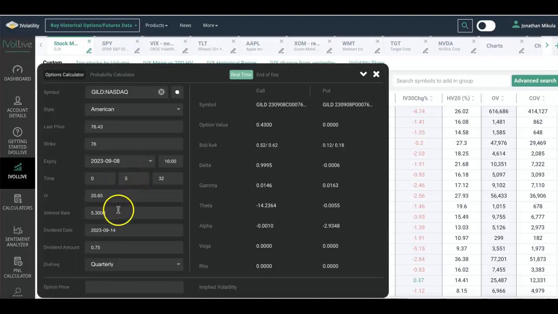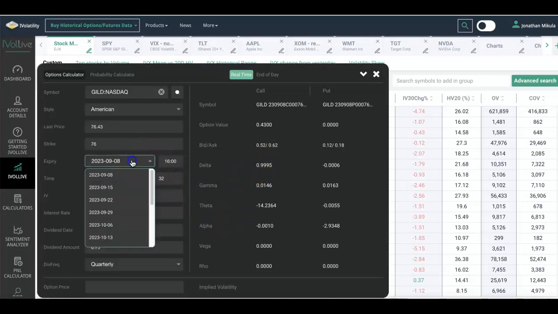The implied volatility for the option, interest rates, the dividends for the company, and then the frequency. So what's neat about this is over here on the right, we have the call value and the put value. You can see here, this is all based on those parameters here to the left. We also have our bid ask and then all of our Greeks.